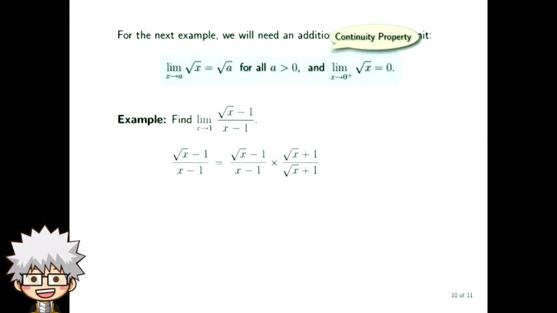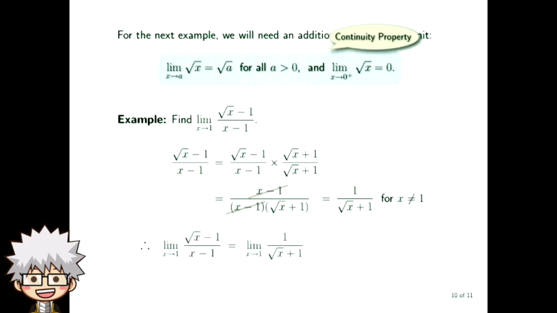That gives us x - 1 in the numerator, and the denominator is (x - 1)(√x + 1). We can now cancel the x - 1's, and we're left with 1/(√x + 1) for all x not equal to 1. Therefore, these functions have the same limit as x approaches 1, and it's easy to see that this limit is 1/(√1 + 1), or 1/2.